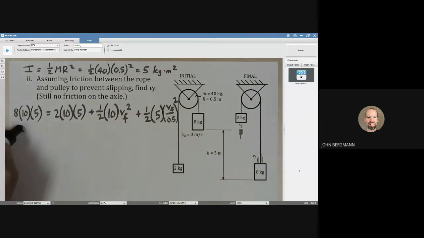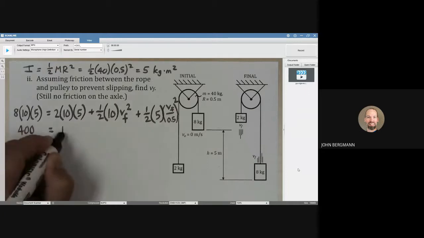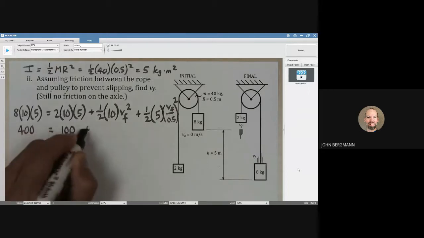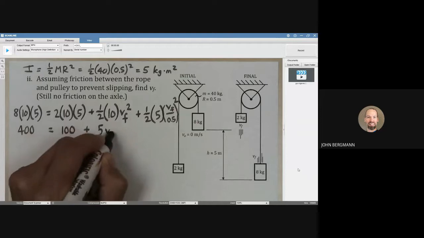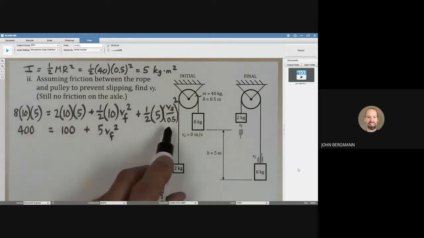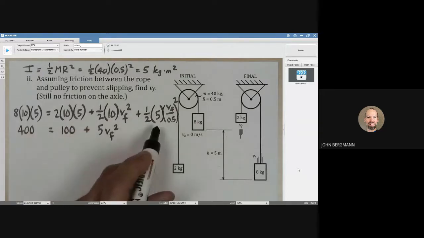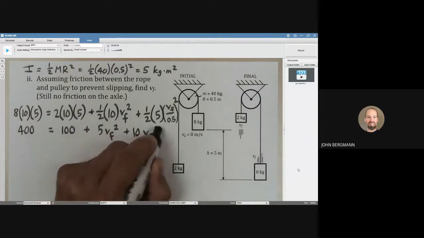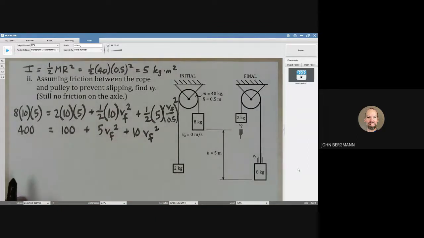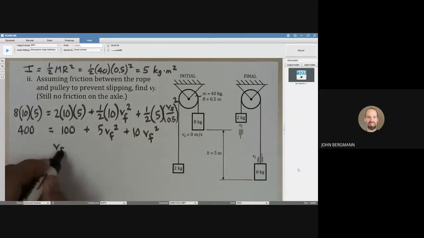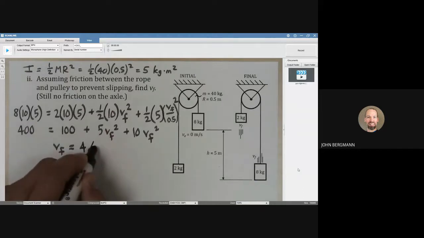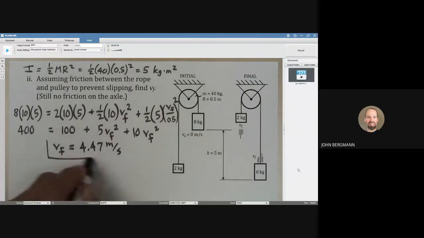Here again we have 400. This is 100. This is going to be 5 vf squared. And how much is this going to be? That's going to be about 10. 5 divided by 1/2, so that's 15. 30 vf, square root of 20. And that looks right: 4.47 meters per second.